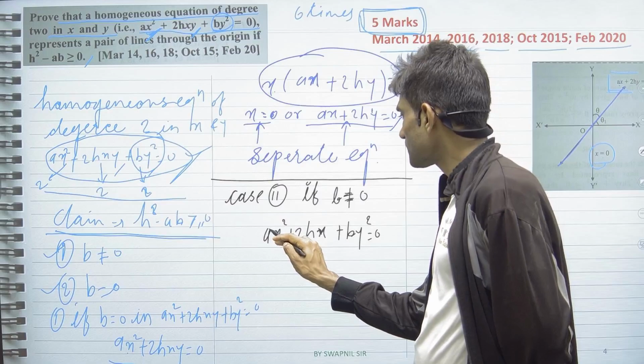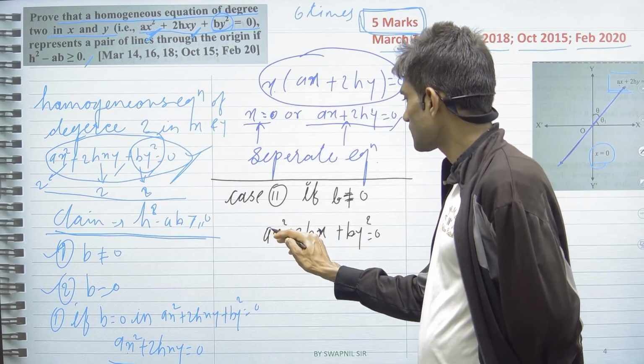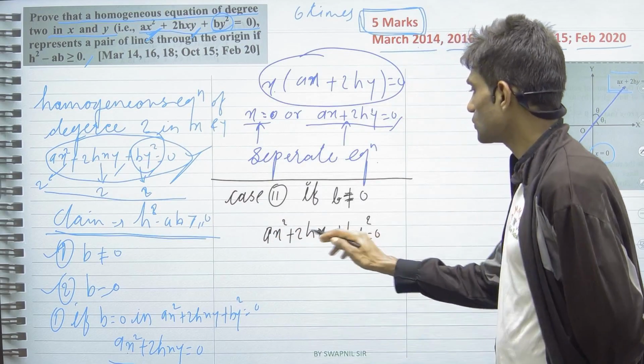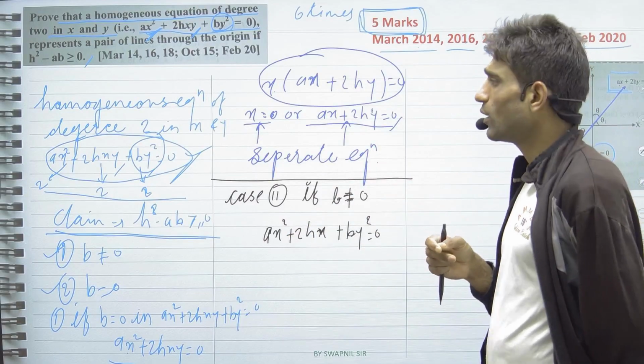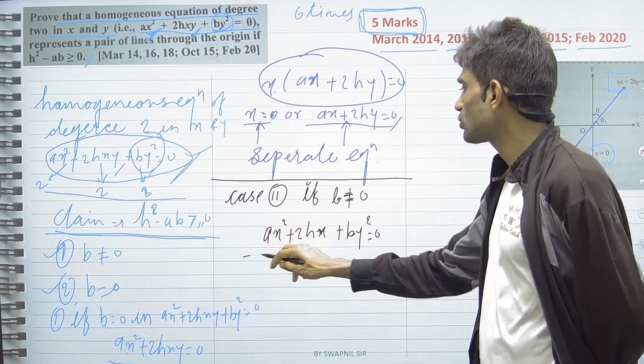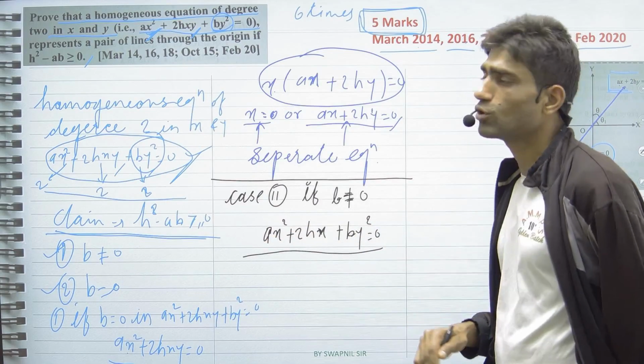So we are getting our equation of a pair of lines as it is, x² + 2hxy + by² = 0.